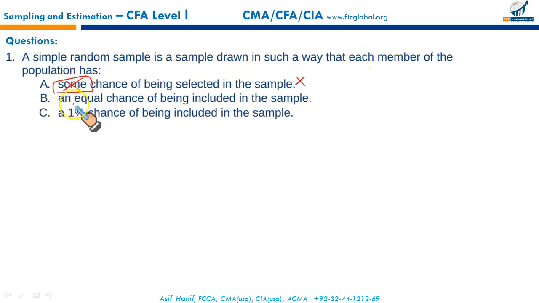Each member of the population has an equal chance of being included in the sample. Now that's what you call simple random sampling. Each member of the population has equal probability of getting selected. B makes perfect sense. Should we move on, or let's read C as well? A 1% chance of being included in the sample. We can't specify this probability this way, so this is incorrect. So that makes B our correct option.